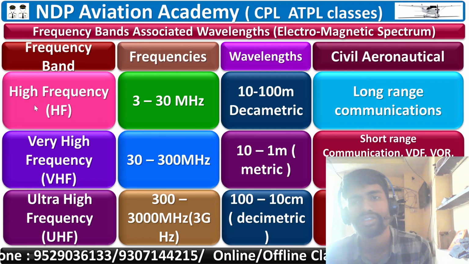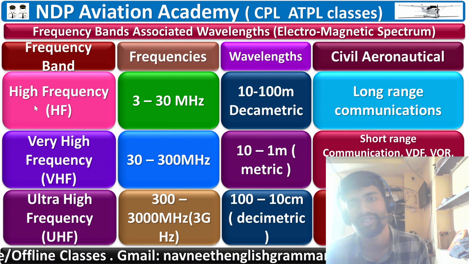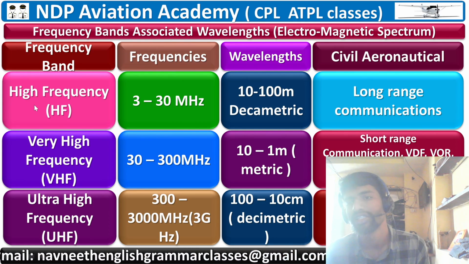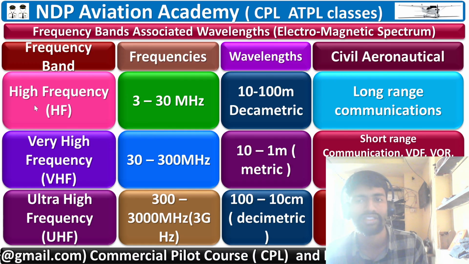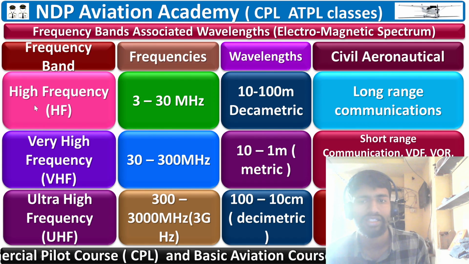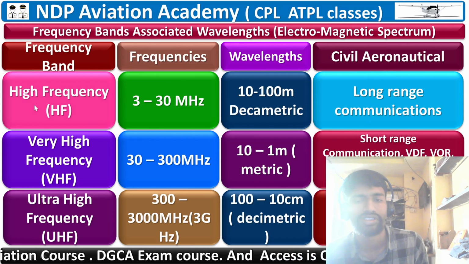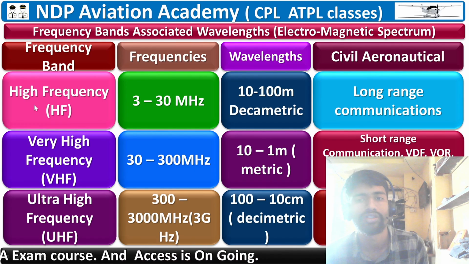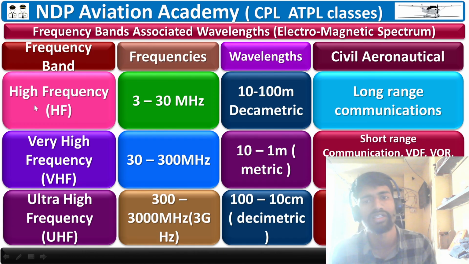And we use this frequency in aviation: ILS glide path, DME distance measuring equipment which we already learned, SSR secondary surveillance, satellite communication, GNSS global navigation satellite system, and long range radar.